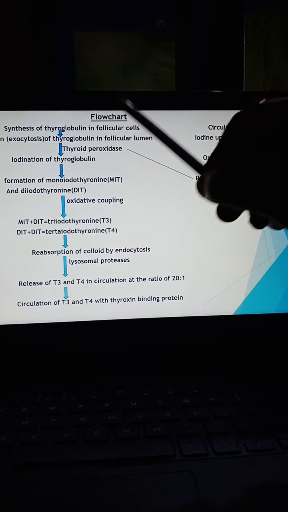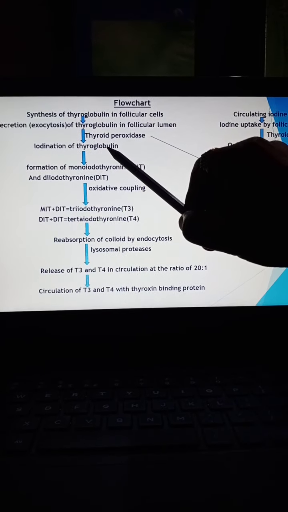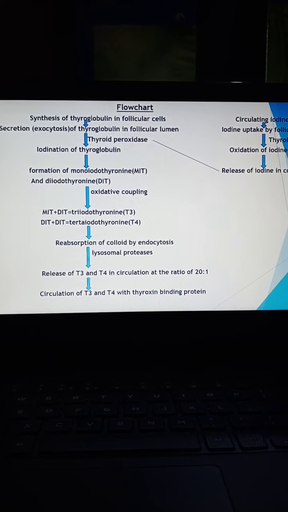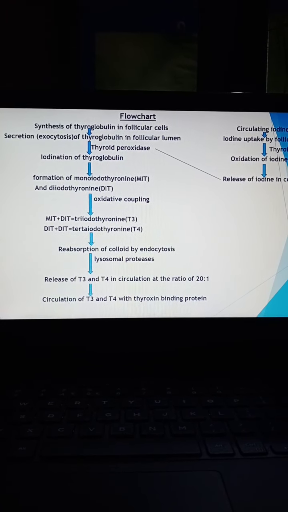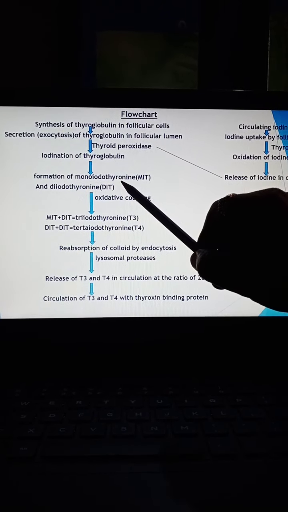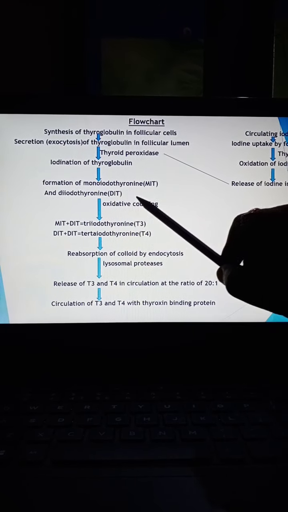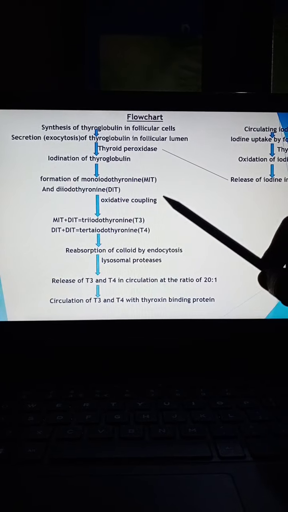Next, through thyroid peroxidase, the iodization of the thyroglobulin takes place, and this is released into the thyroid follicular lumen, called colloid. After this comes the formation of monoiodothyronine and diiodothyronine, then oxidative coupling and formation of T3 and T4.